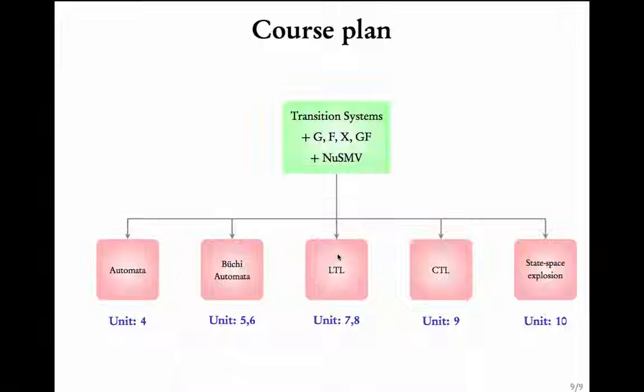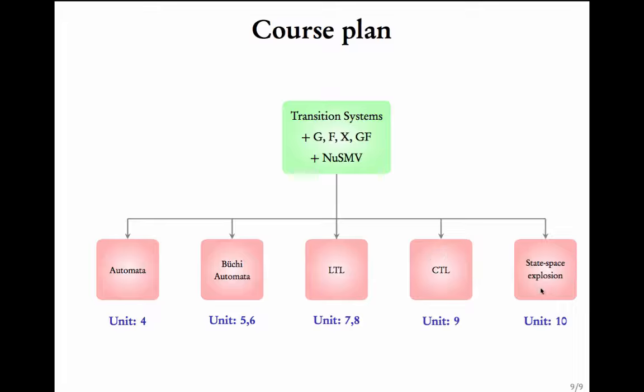After this, in unit 9, we will see other kinds of properties. So far we have seen linear time properties. There are other kinds of requirements that one may want to check, and these are called branching time properties. We will again see in unit 9 what they are.